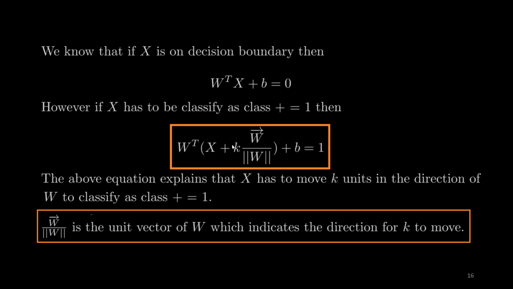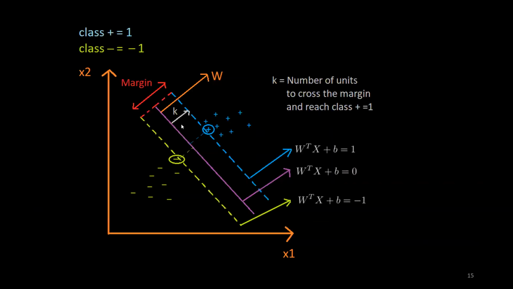In which direction does it have to move? If we go back, we can see the direction of k is the same as the direction of W. I am not talking about the magnitude or the value, I am talking about the direction. The direction of W is the same as the direction of k. So if I find the direction of W, I can use it for the direction of k.